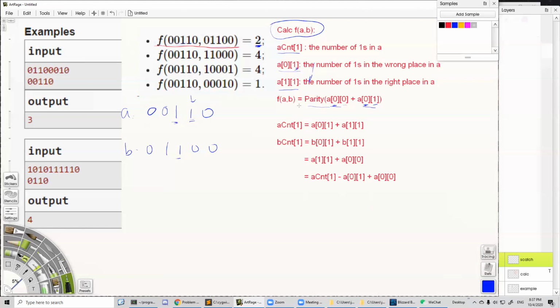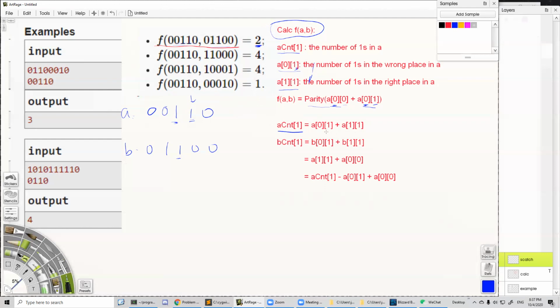So we can get more information from the given information. How do we do that? So this guy, which is the number of ones in A, is equal to A01 plus A11, right?